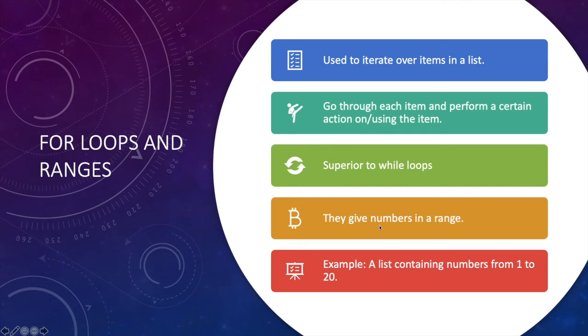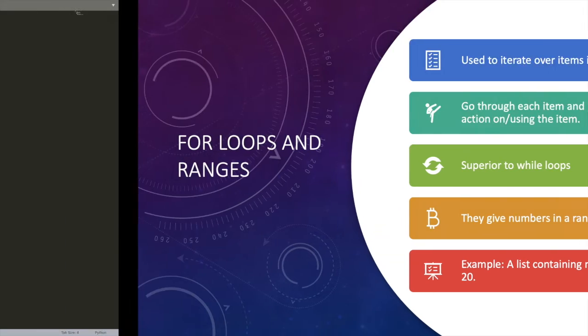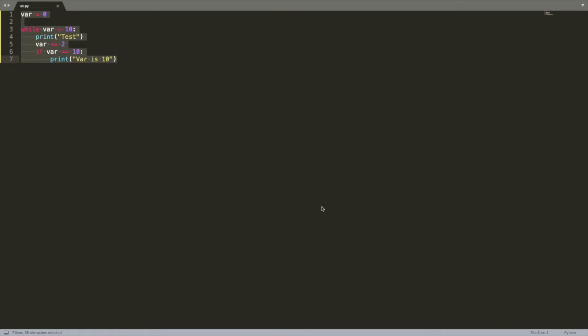And ranges give numbers in a range. They give it in a list format, so a list containing numbers from 1 to 10. You can manually use that. Let me show you. So we can do num is 1, 2, 3, 4, and so on and so forth.